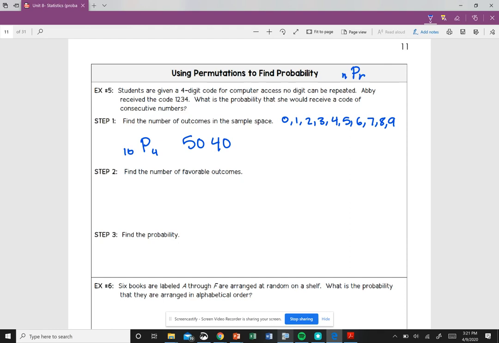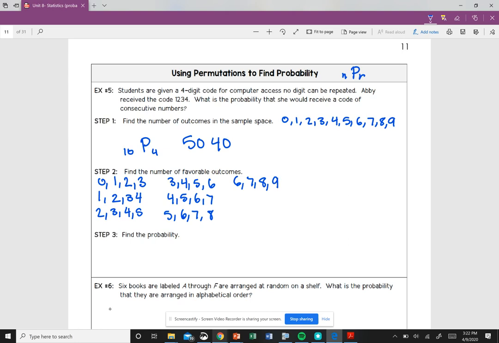So what is the probability that she would receive a code of consecutive numbers? 0, 1, 2, 3. Then we have 1, 2, 3, 4, 2, 3, 4, 5, 3, 4, 5, 6, 4, 5, 6, 7, 5, 6, 7, 8, and 6, 7, 8, 9.